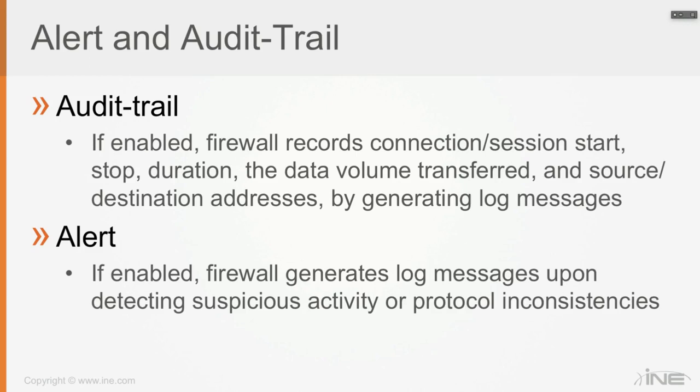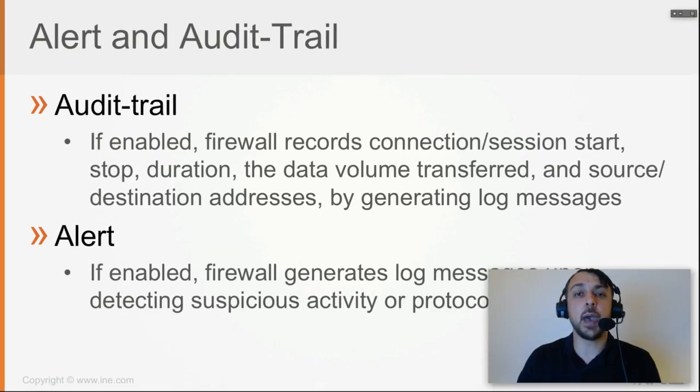So the alert function, as I said, is the firewall generating log messages upon detecting protocol inconsistencies, which means for that to happen, to detect, for example, when an HTTP packet is not per the standard, does not conform with the standard, your traffic has to match on a match protocol HTTP statement to detect protocol inconsistencies.